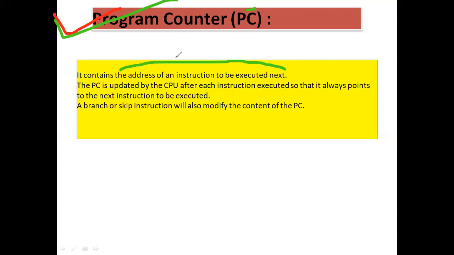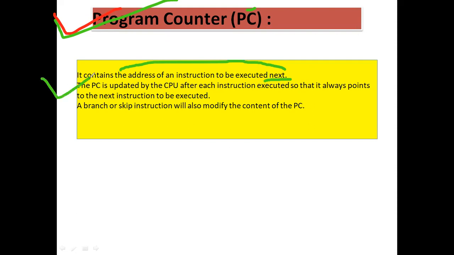I'm repeating again because this is asked. This question has been asked many times: what is there in the program counter? So the program counter contains the address of that instruction which will be executed next.